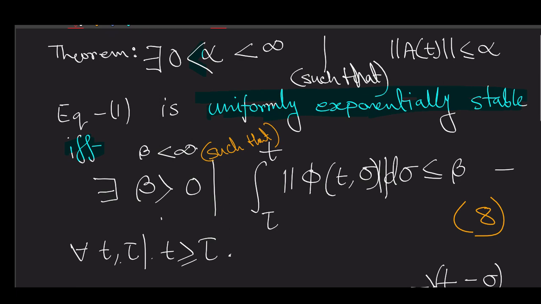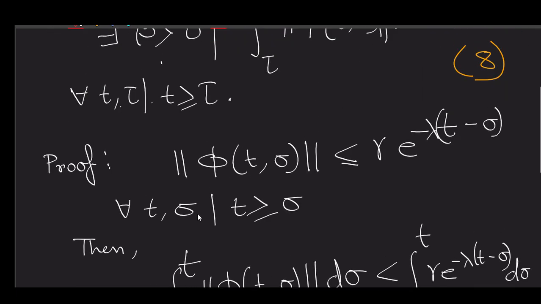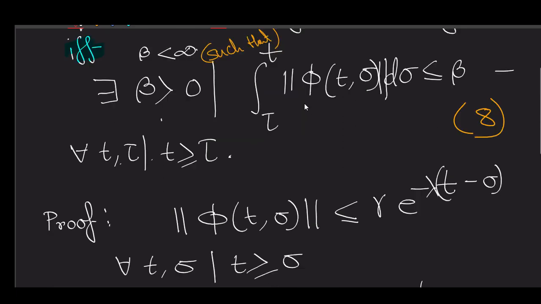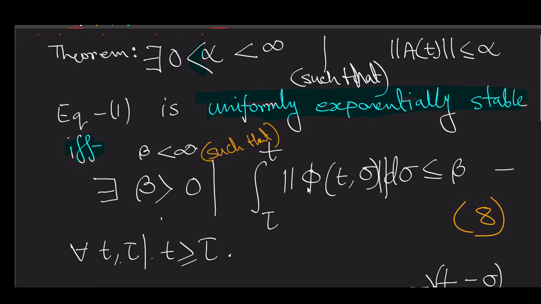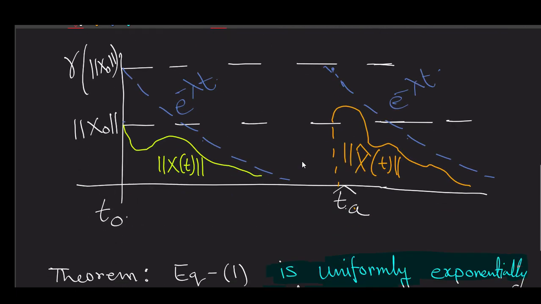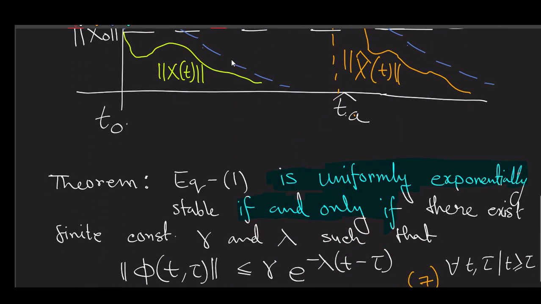So now we will try to prove this. Phi(t, sigma): if the state equation is uniformly exponentially stable, then from the previous theorem, what can we write? From the previous theorem, we can write this for uniform exponential stability. Based on this theorem, we have to prove the next theorem. It will satisfy this, equation 7.